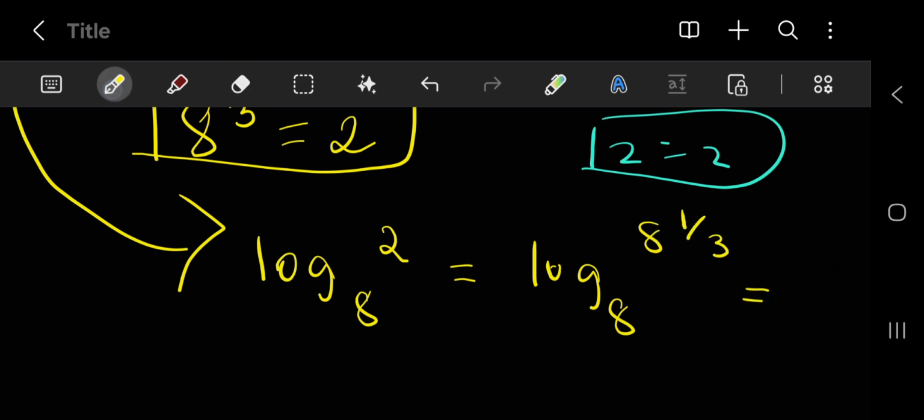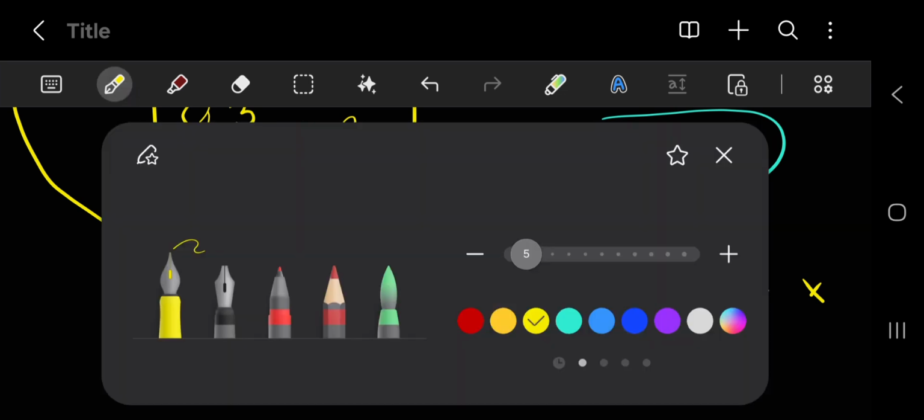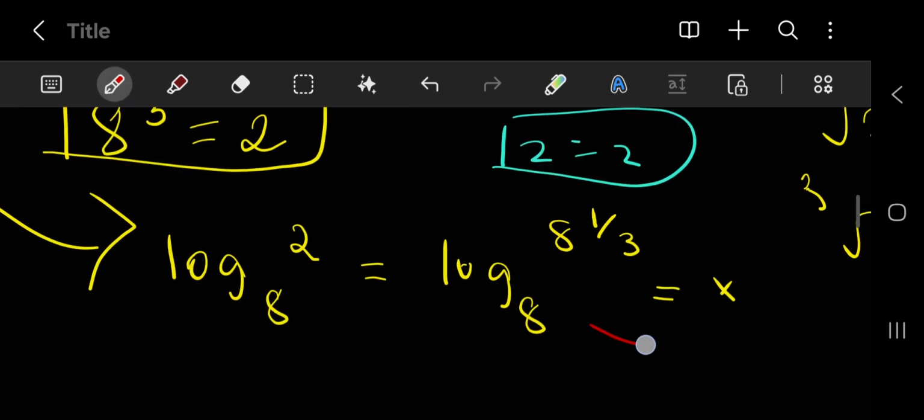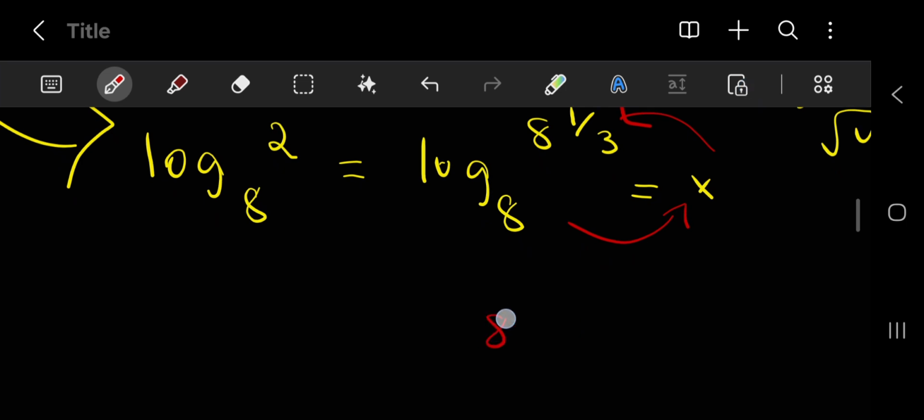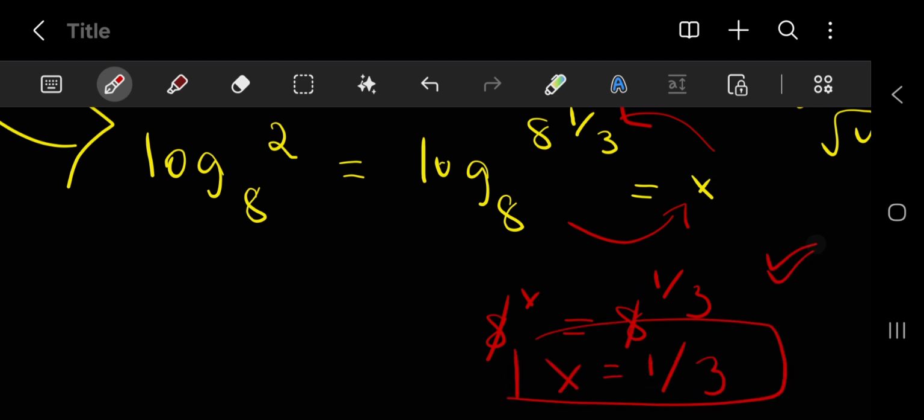Let's do another one. Log 1 by 2 base 8. This is a bit tricky, but let's do it. I know that the cube root of 8 is equal to 2, and 8 power 1 by 3 is equal to 2. I also know that a power minus m is equal to 1 by a power m. This is my exponent law.